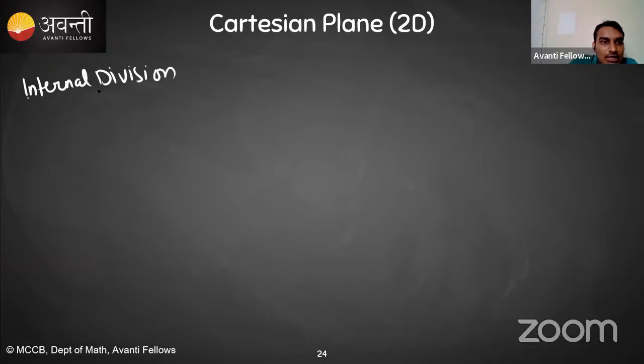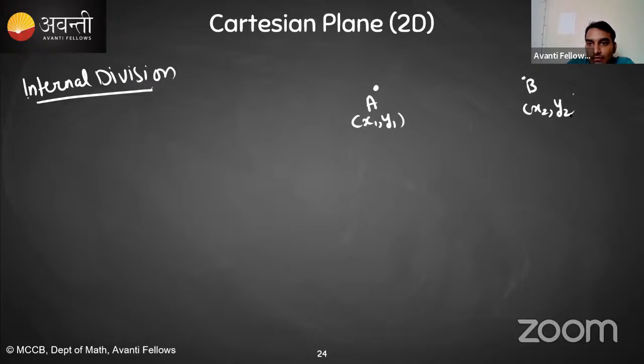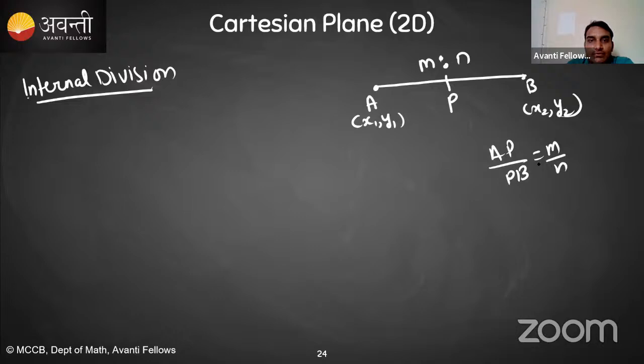Okay. So, when internal division happens, I'm just recalling for 2D. Let's suppose this is point A, which is x1 comma y1. This is point B, which is x2 comma y2. And let's suppose this point P is dividing AB in the ratio m:n, which means AP upon PB is equal to m by n, right?